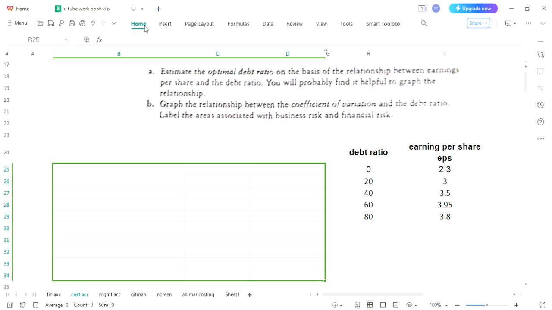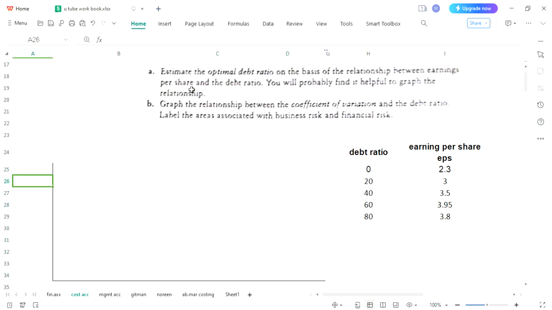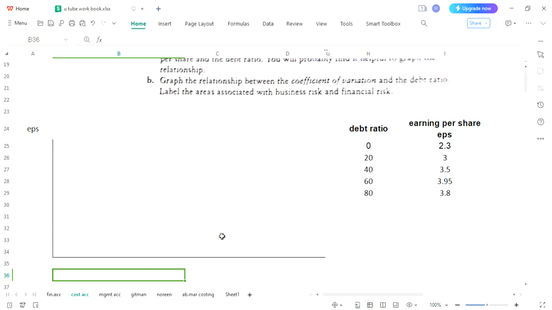Beside this, we need a horizontal line for the x-axis. Now you can see that two lines have been created. On the y-axis we put earnings per share, and on the x-axis we put debt ratio.